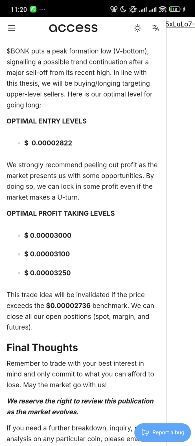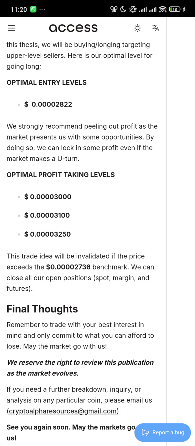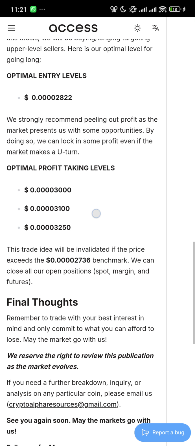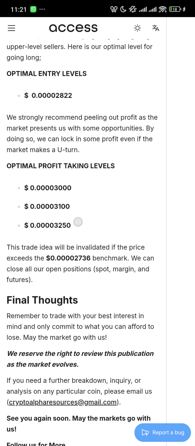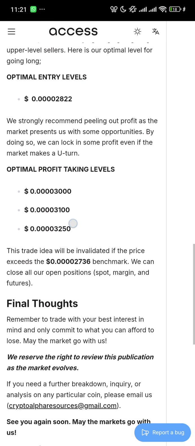Maybe take 50% or 20% here, then 30% here, then another 20% or everything. It depends on your risk appetite, how much you are willing to accept. It's mostly advisable you wait for the first take profit, take away 50%, then maybe take 25% here, then close the remaining 25% at this level.